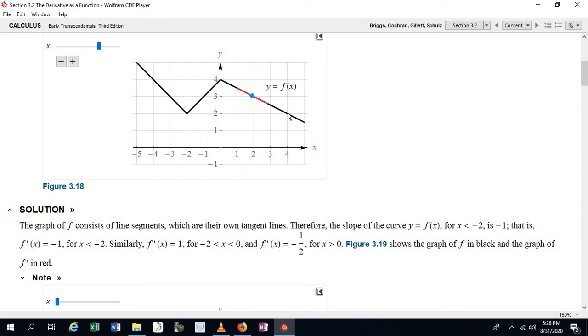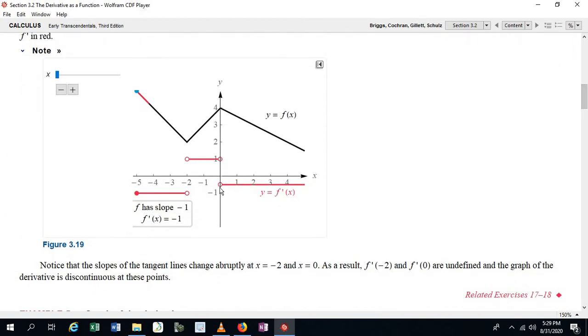So the rise is -1 and the run is 2. So the slope is -1/2. And that's true for every x value over here. So if you graph the derivative on this side, you're just going to get a y value of -1/2. It's a horizontal line at y equals -1/2 for all the x values above 0.